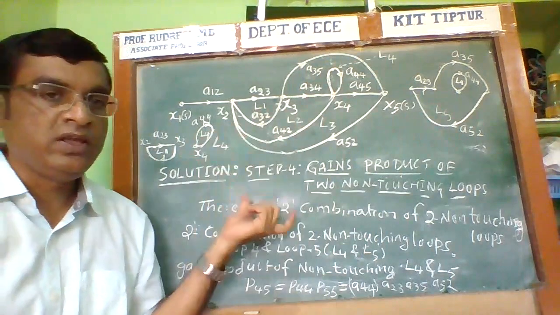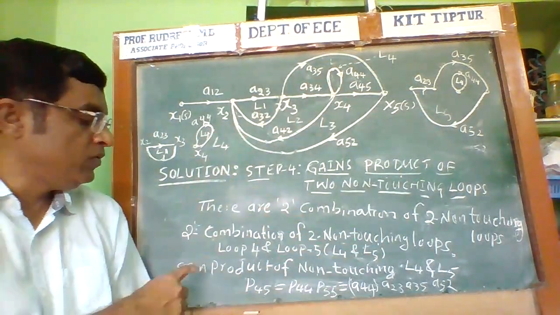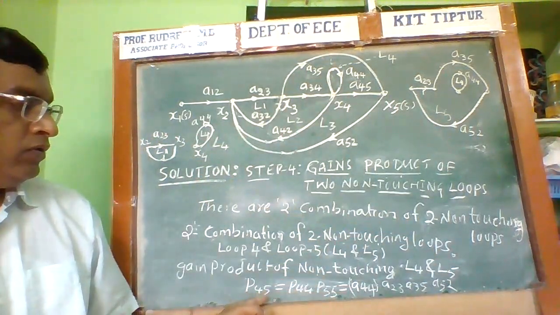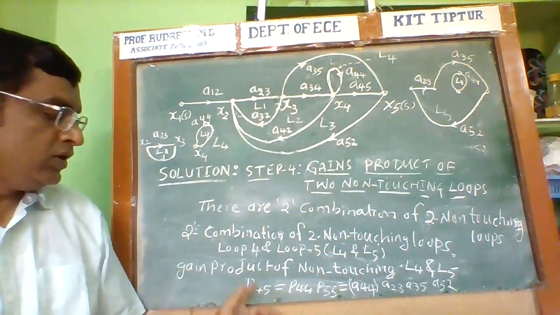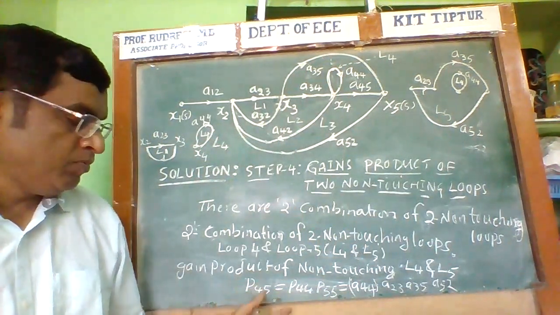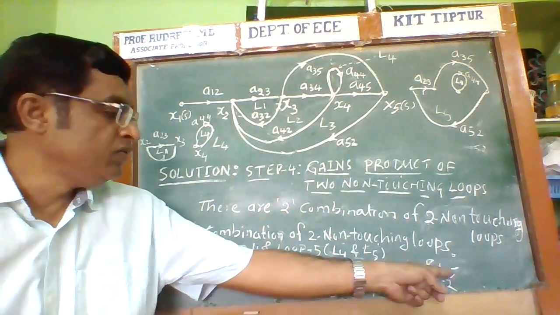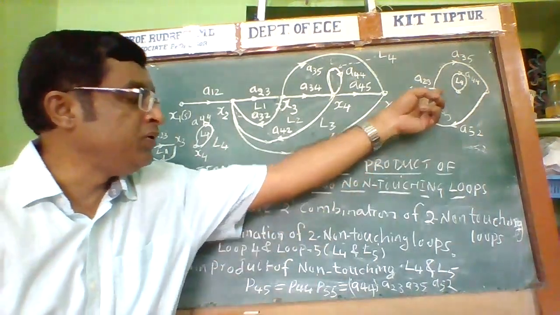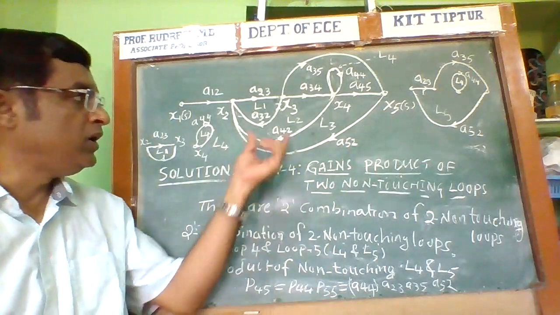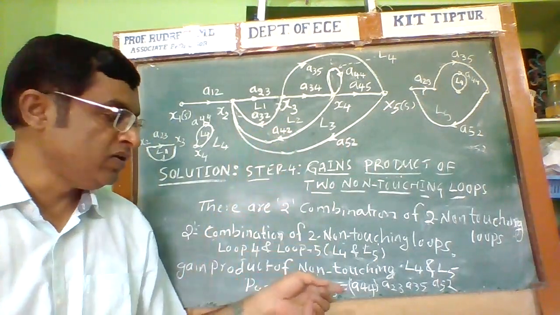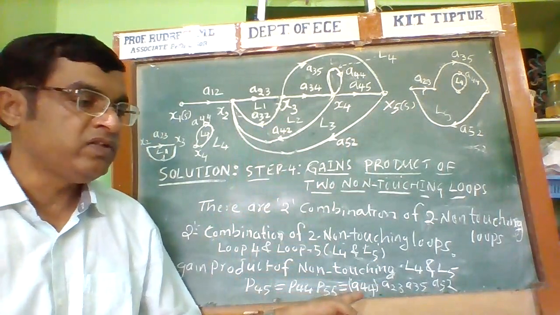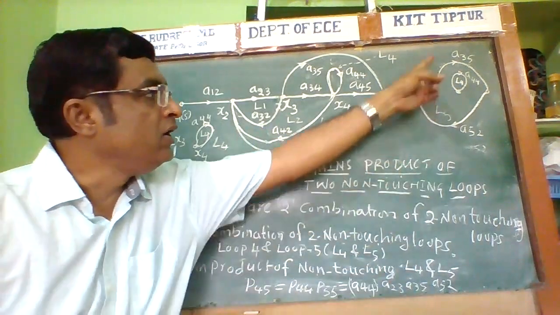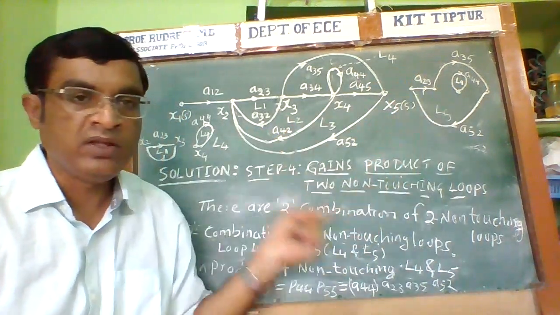We need the gains product of loops 4 and 5, denoted by P45. P is the gain, 4 indicates loop 4, and 5 indicates loop 5. Therefore, the product is P44 into P55. We multiply the gains of loops 4 and 5. The gain of loop 4 is A44. The gain of loop 5 is A23 into A35, A52.